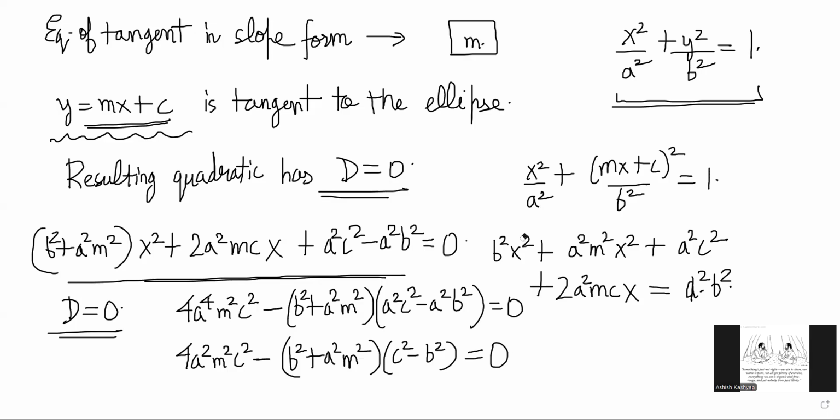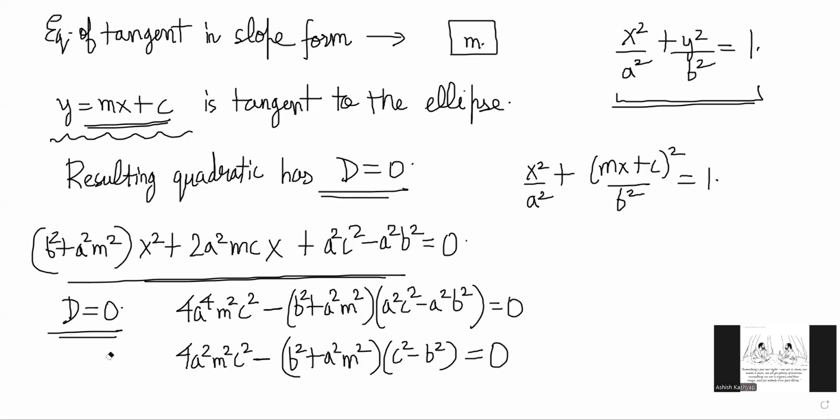And let's simplify this. Oh wait, I missed a 4 here, because there was b square minus 4ac, so 4 here, and 4 can be cancelled.